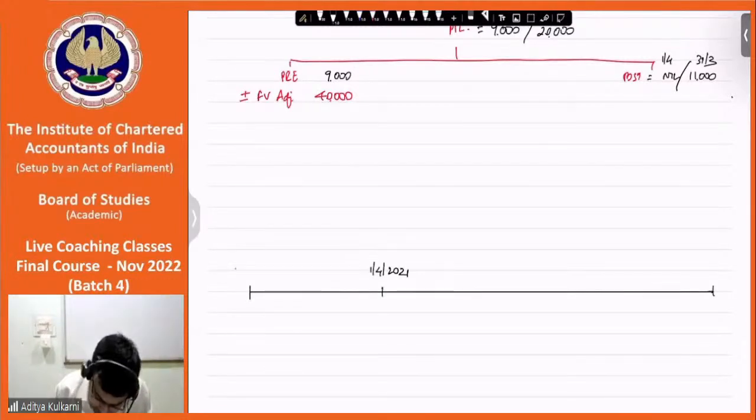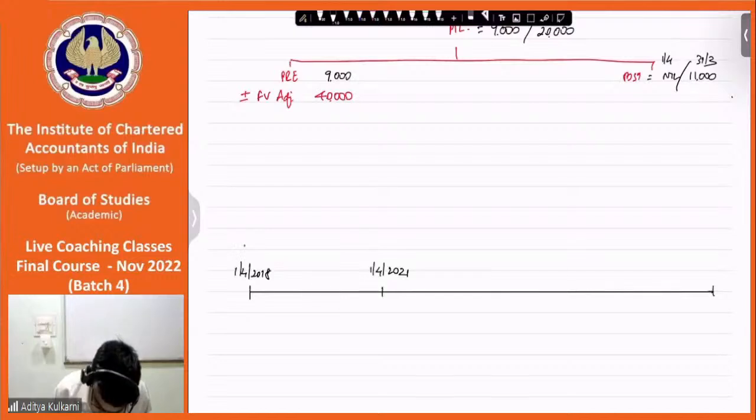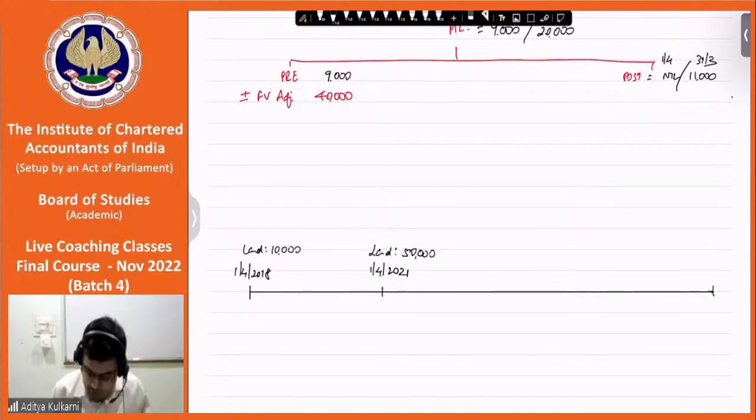Let us assume that this company got incorporated on 1/4/2018. At that point of time, this land was acquired for 10,000. Today, when the control is being acquired, this very land is worth rupees 50,000.